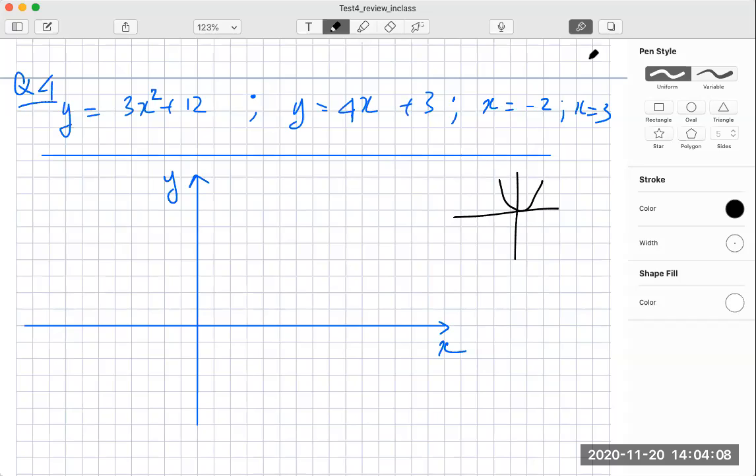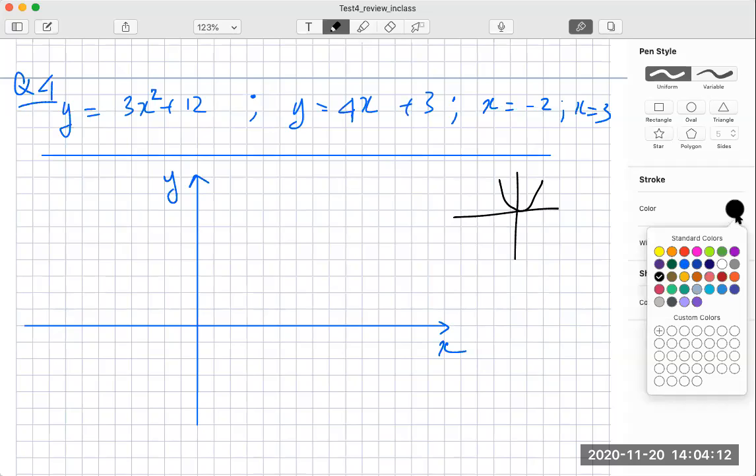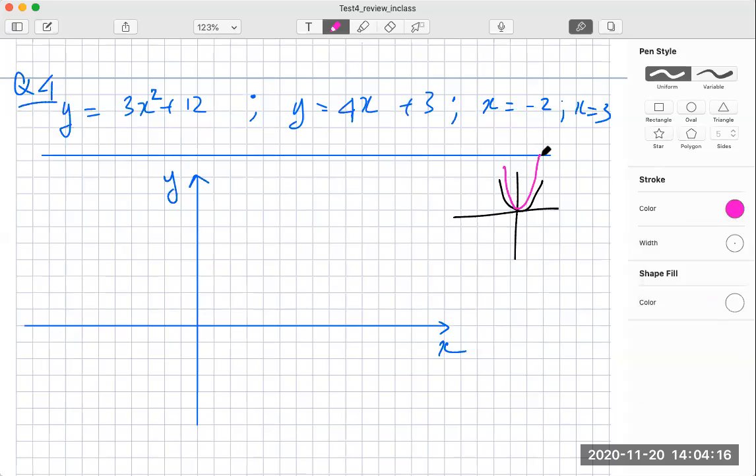Therefore, 3x squared will be shifted vertically. It will be like this guy, okay? But then it is shifted 12 units up, versus plus 12. Therefore, the graph should be somehow like this.